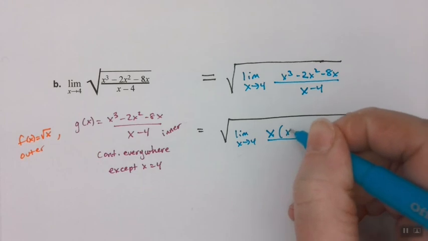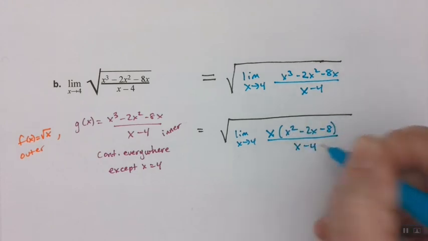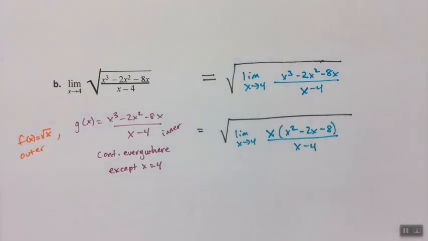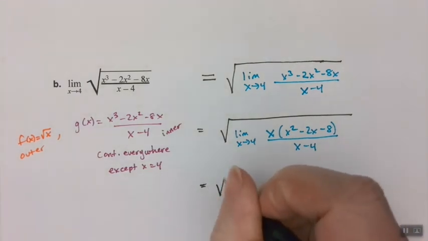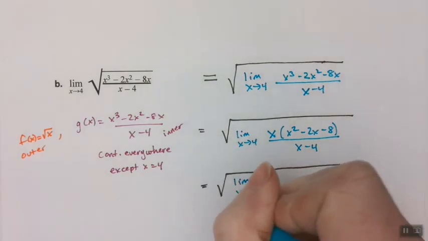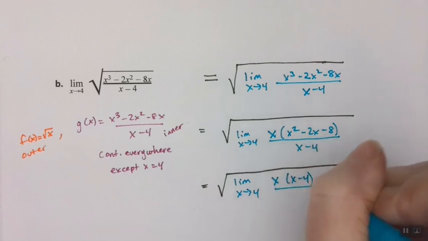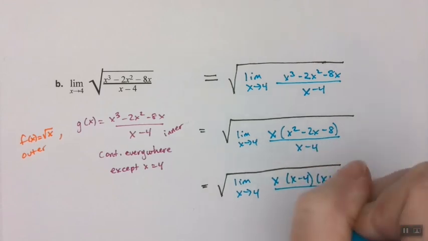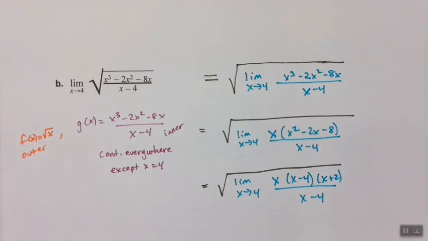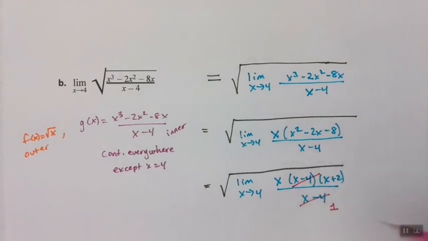That'll leave you x squared minus 2x minus 8. That would be equal to the big square root of the limit as x goes to 4 of x times x minus 4 times x plus 2 over x minus 4. Oh, isn't that convenient? Because x minus 4 over x minus 4 makes 1.